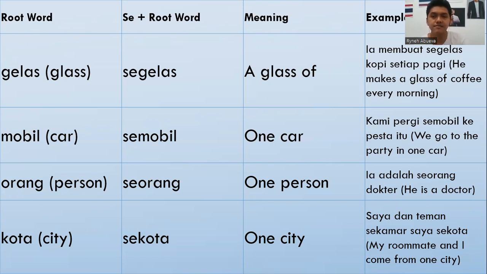Example: Saya dan teman sekamar saya sekota, meaning my roommate and I come from one city. Since we say teman sekamar, that means a roommate as well.